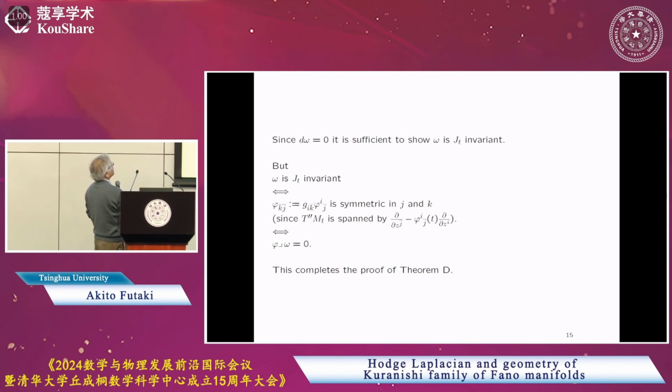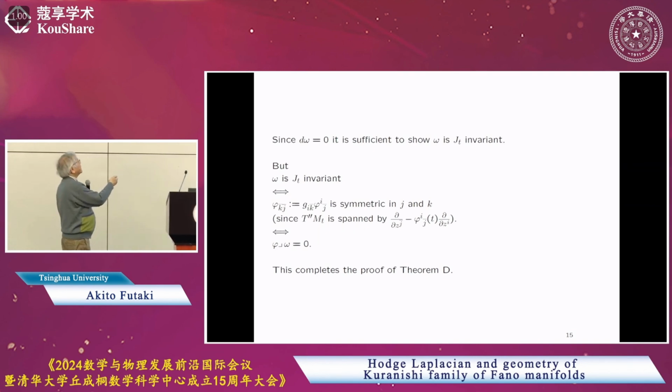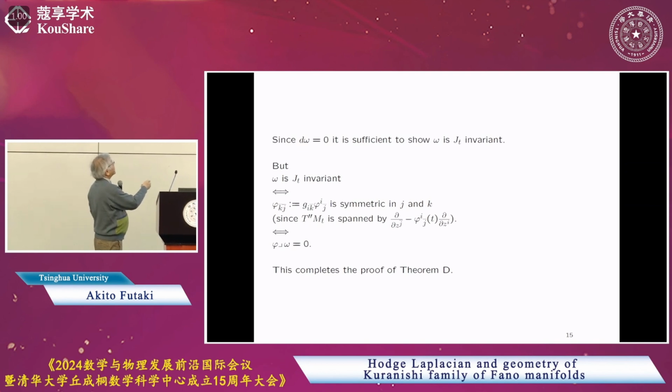But then we can show by computation that omega is JT invariant if and only if this form is 0. So this also goes back to Schaufensen's earlier work.